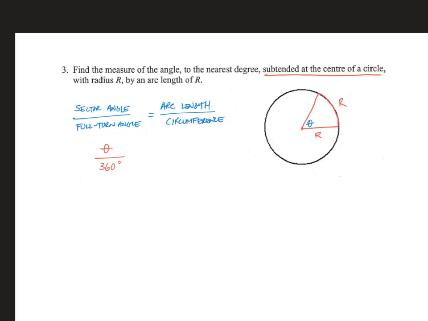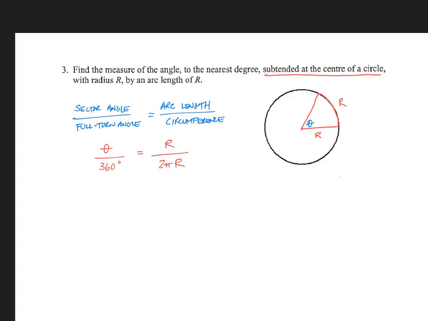In this specific problem, we've been told that the arc length is r, and we know how to calculate the circumference of a circle. We have two options, pi d and 2 pi r. I'm going to use 2 pi r because the problem gave me the radius. There's me substituting in all the specifics of the problem.